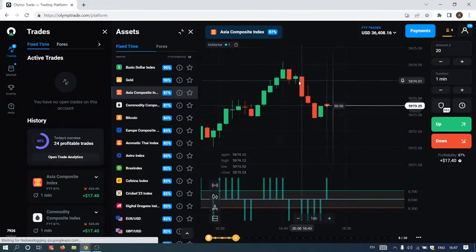Any course recommendation to learn price action further? Well, nothing in particular. You can just type price action in Google, and that's it.